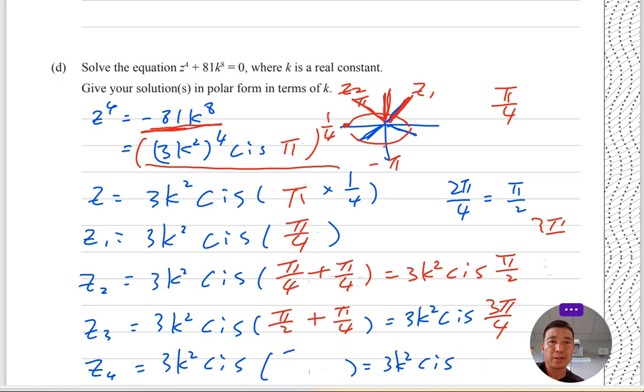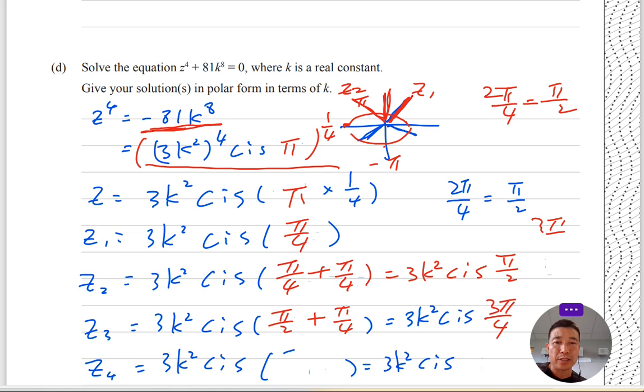Oh, sorry. I know where I made the mistake. I think I'm tired. It's not pi over 4 you have to add, it's 2 pi over 4. Yeah, that was strange. So you have to split 2 pi, one revolution, into 4 parts, isn't it? So that's pi over 2. Sorry, I made a mistake.